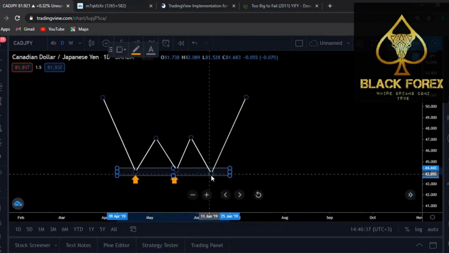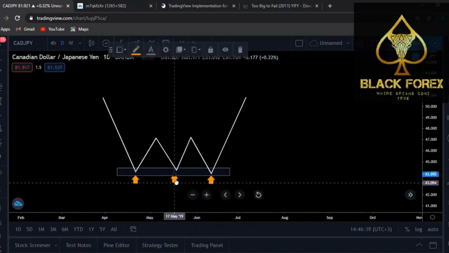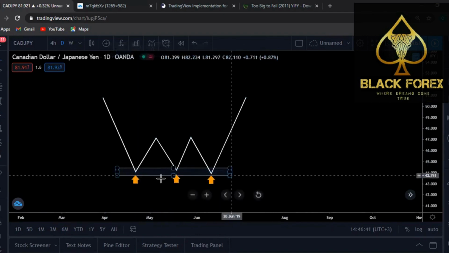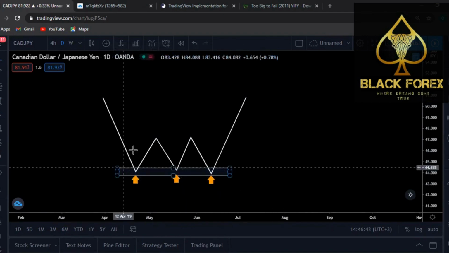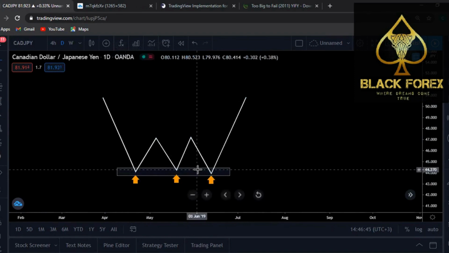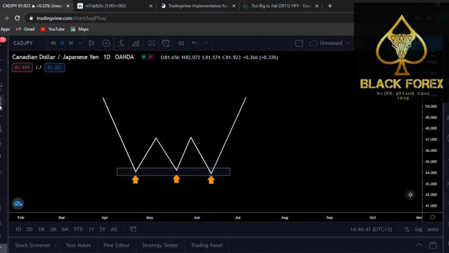It's kind of similar to the double bottom, but this one has actually 3 bottoms. So it touches the market structure 3 times before actually pushing higher.